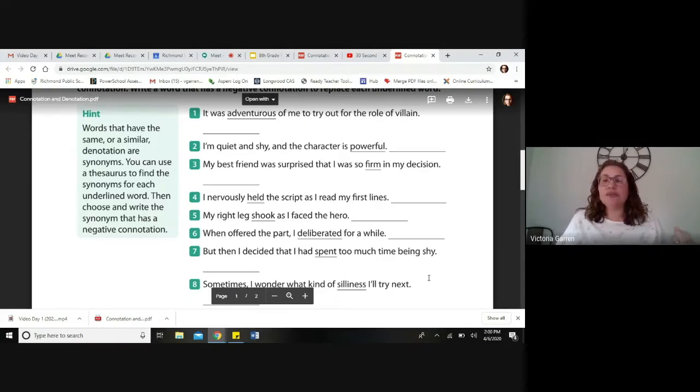Let's see if the word stubborn works here. My best friend was surprised that I was so stubborn in my decision. It works perfectly here. So stubborn has a more negative meaning or connotation to it. If somebody calls you stubborn, that's not necessarily a good trait, not more of a positive trait to have.